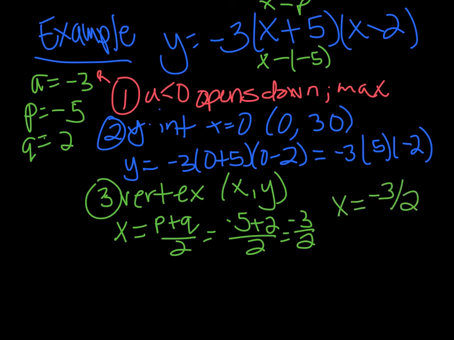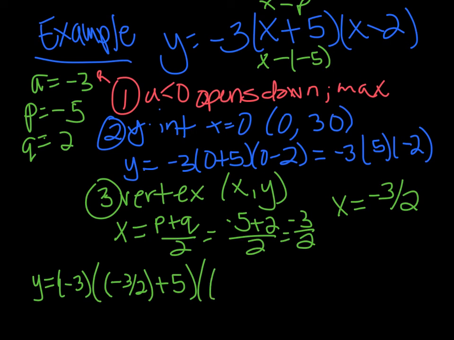And now to find our y-coordinate, we'll have to plug that value back into our original equation. And I'm going to show you how to do this, exactly how you would put it into the calculator. Put negative 3 in parentheses, times, you're going to have to put 2 sets of parentheses here. You have negative 3/2 in parentheses, plus 5, close out your parenthesis for the whole binomial.